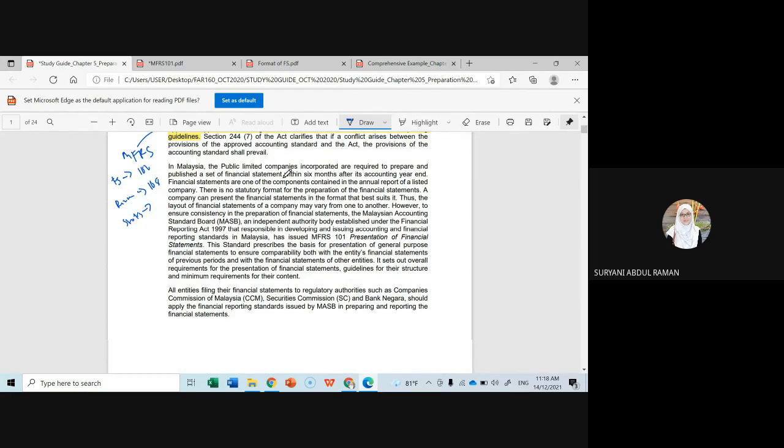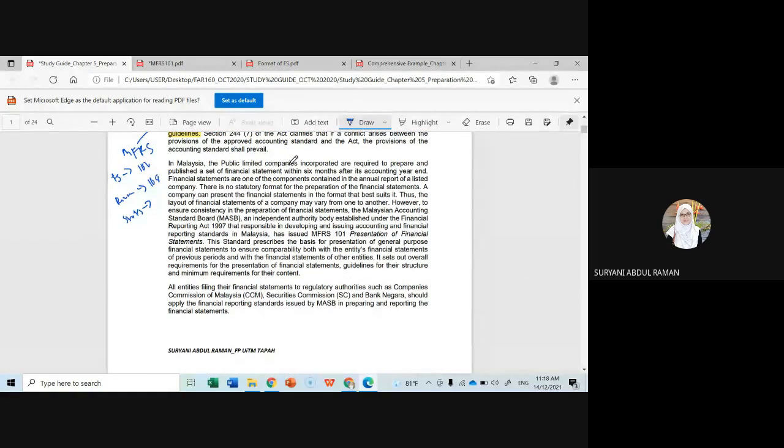In Malaysia, public limited companies incorporated are required to prepare and publish a set of financial statement within 6 months after its accounting year end. Now we are focusing on public companies, so you need to know that they are required not just to prepare, but to publish their financial statement within 6 months after the accounting year end.